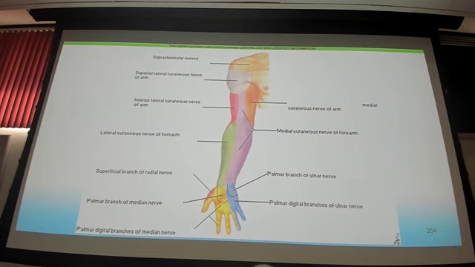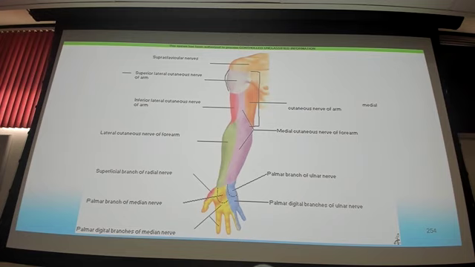The only way you're going to confuse a lot of these is to not remember whether you're talking about the arm or the forearm. Would we agree that this area is called the arm? Yes. And so we have a superior lateral cutaneous nerve of the arm. Is that superior, laterally?